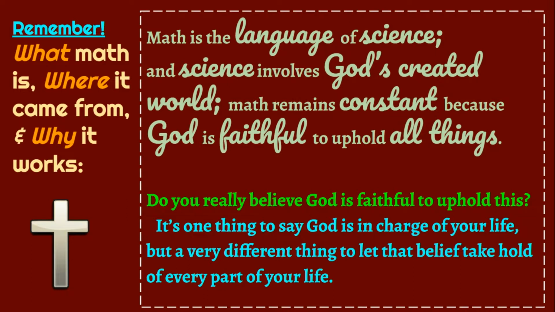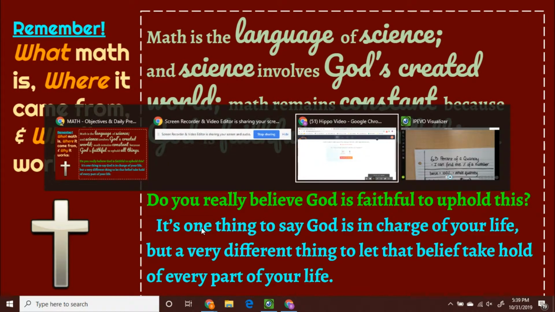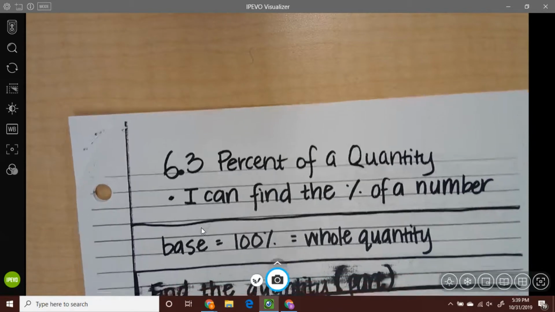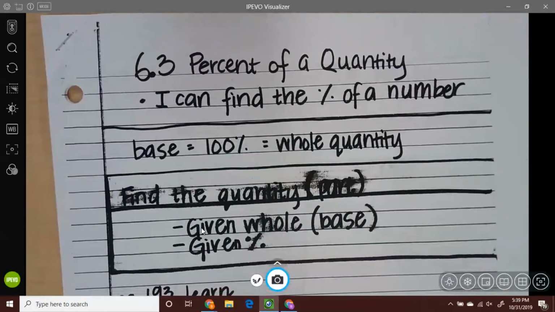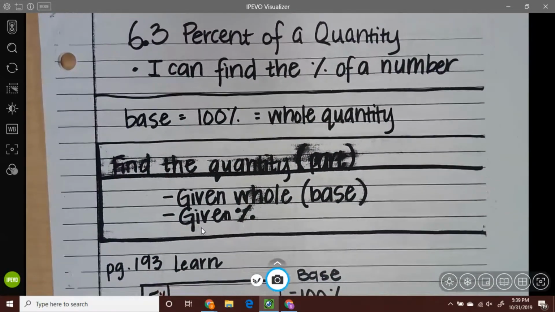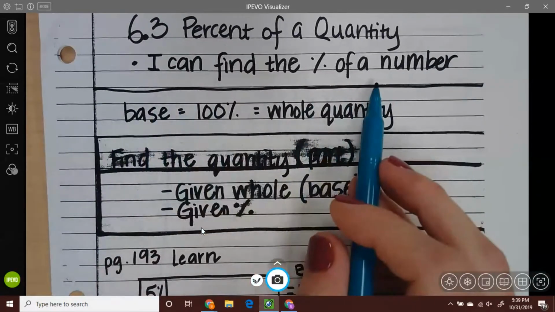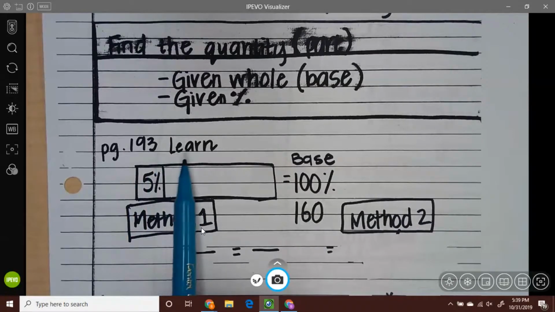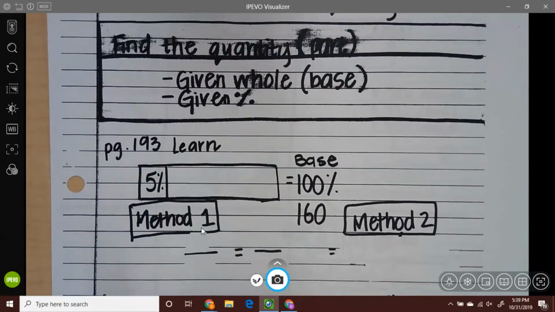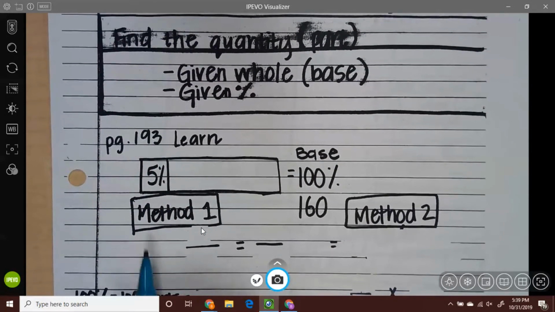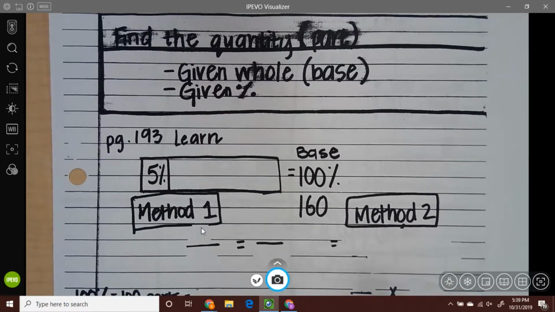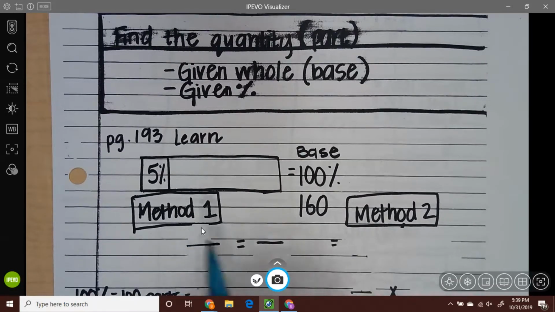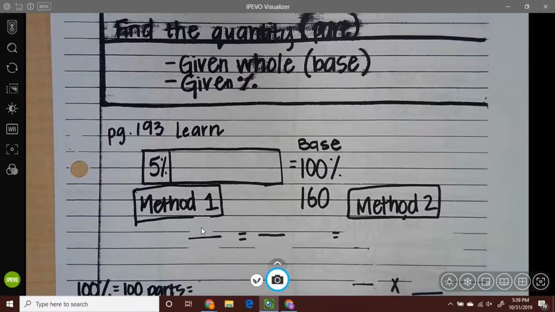So we're going to start in our notes. You should already be on page 193. Okay, we're going to obviously, like we said, find the percent of a number. Very rarely do I ever do the learn section, but we're going to do the learn section today, and we're going to go through several different methods. Okay, so we're going to go over method number 1, which is going to be your unit rate method, which we'll do here.